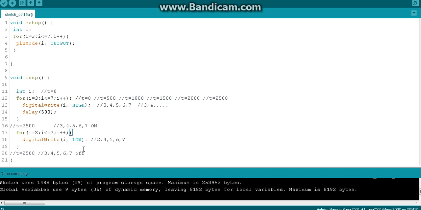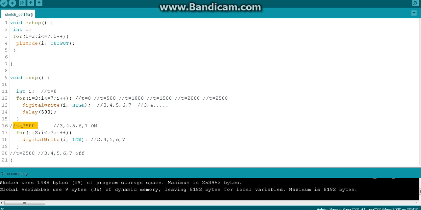You understand that? Otherwise you can calculate when you switch on the last LED, pin number 7. It was t is equal to 2000, I'm not sure, 2000 or something. Yes. t is equal to 2000 when you switch on the last LED, if you calculate. But when we come here and switch off everything together, t is equal to 2500.